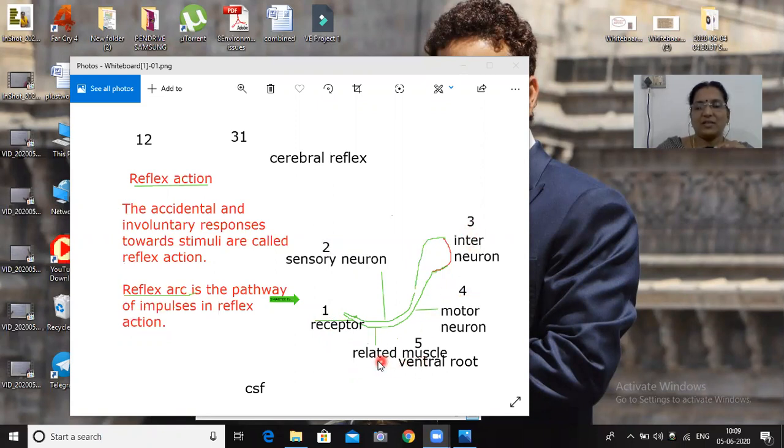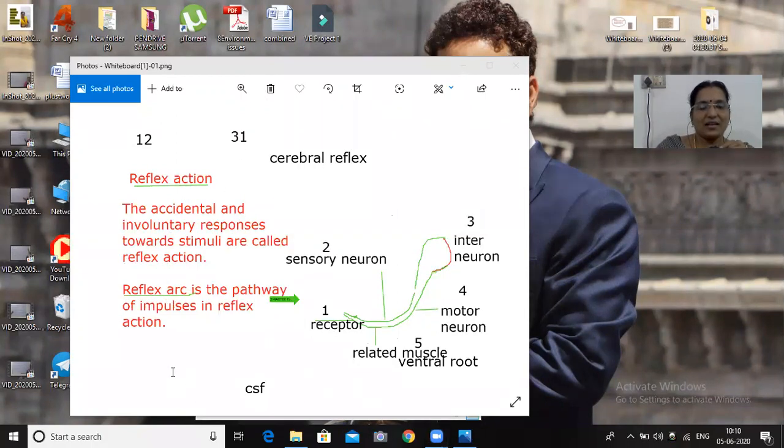Five different parts are there. Through all these parts, messages are transmitting. Then the pathway of reflex action is called the reflex arc. So what is reflex arc? The pathway of reflex action means the pathway of impulses in reflex action. That is known as reflex arc.